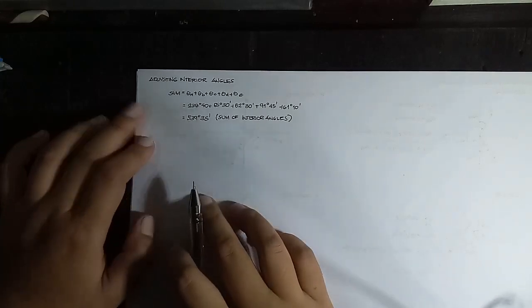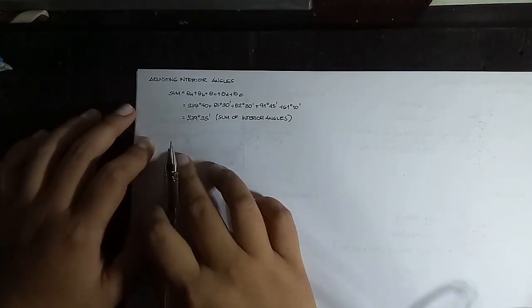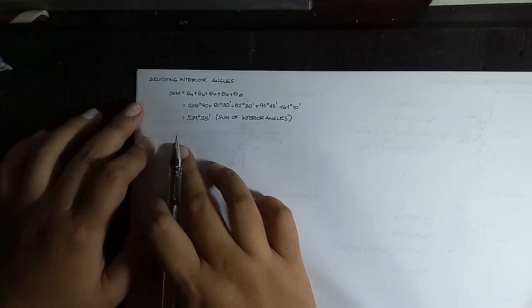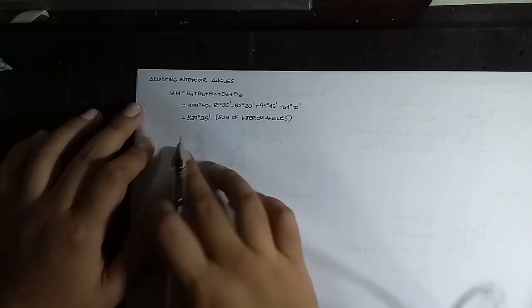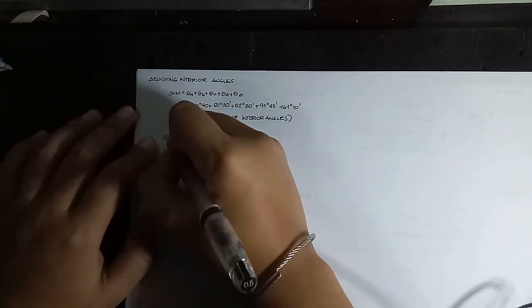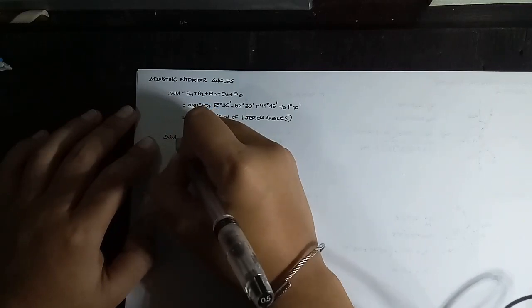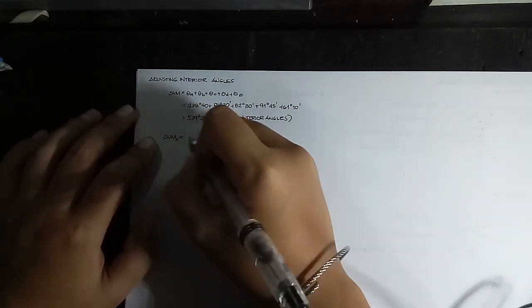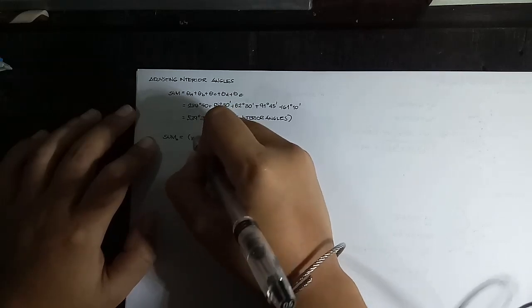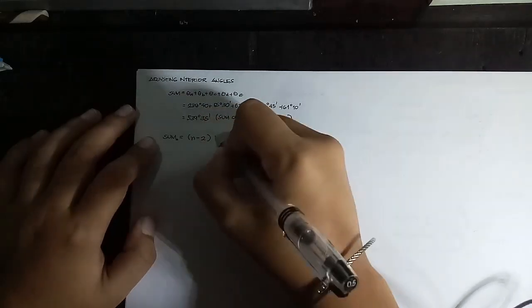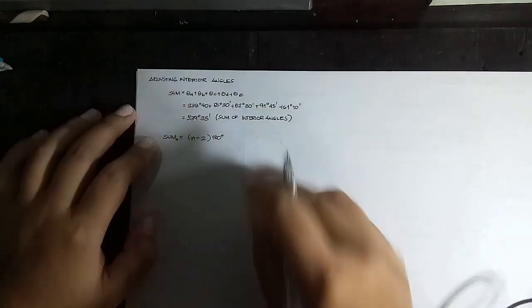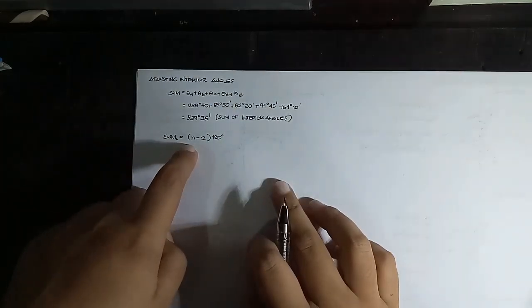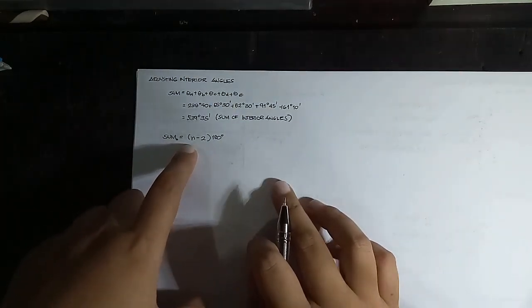Malalaman naman natin kung ano talaga yung sum ng polygon na may 5 sides. So, para makuha natin yun, ito yung equation natin. Sum B is equals to quantity of n minus 2 times 180 degrees. So, yung n, ang sinisignify niyan dyan ay yung number ng sides.